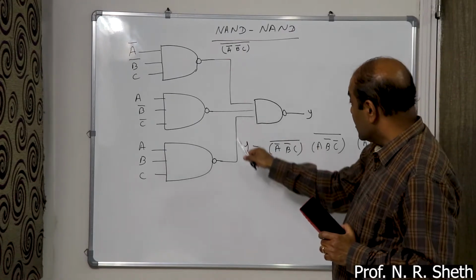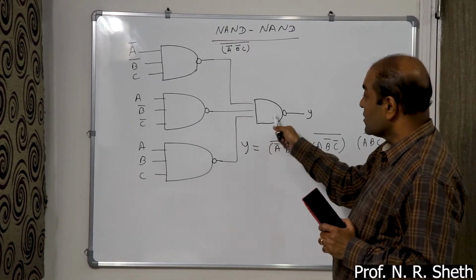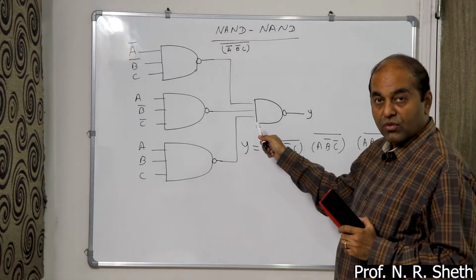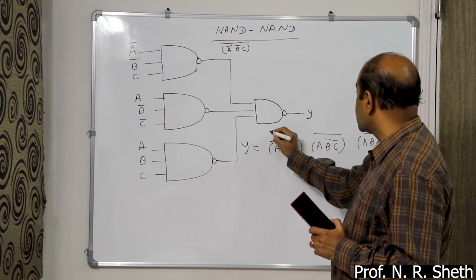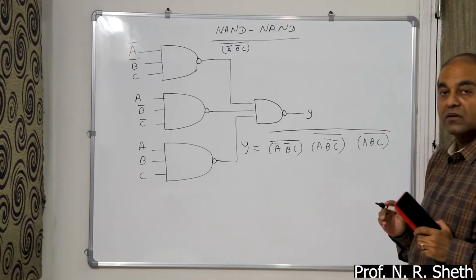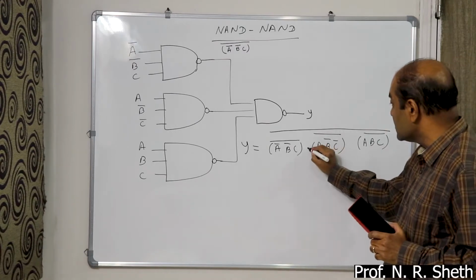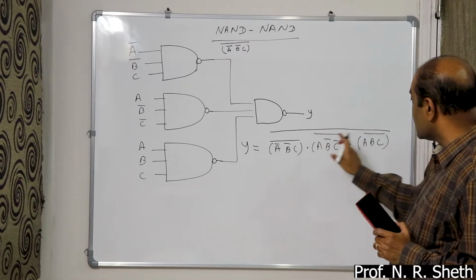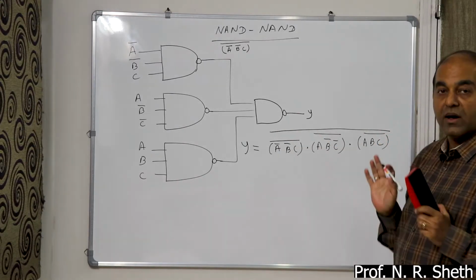Now all these three inputs are given to NAND gate number 4. So the output of this one is the first term dot second term dot third term, and whole over bar.